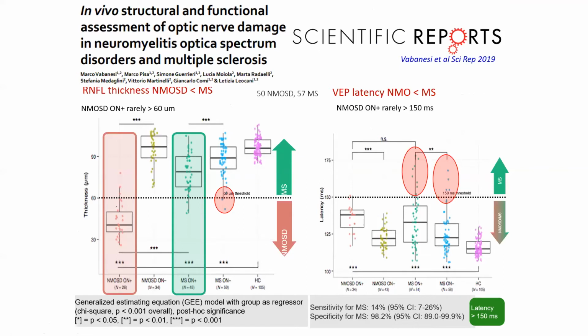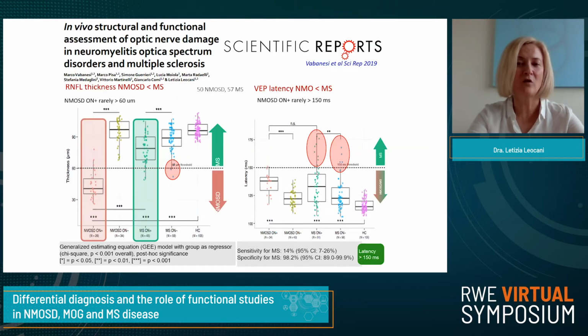And here we come to our Italian cohort, where we compare actually both tests, not only VEPs, but also OCT, to check whether the discrepancies between studies might be related to different involvement of the myelin and axons in different cohorts.